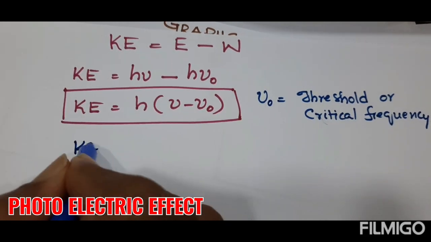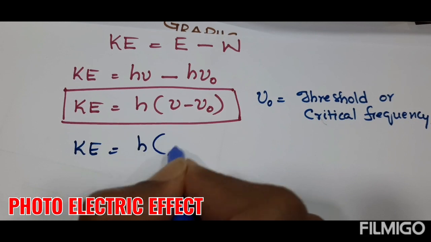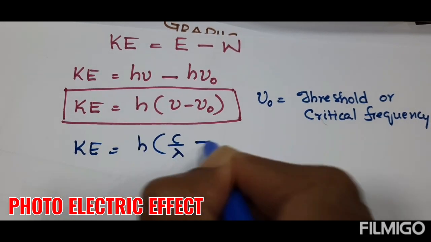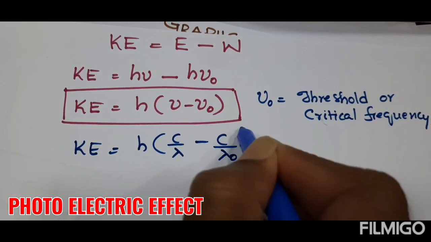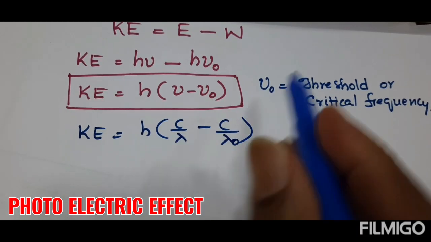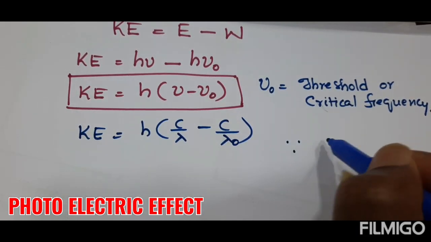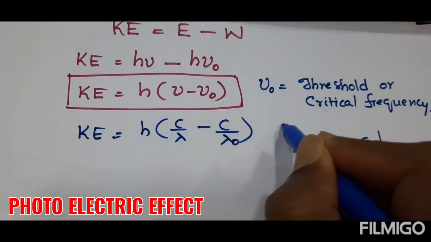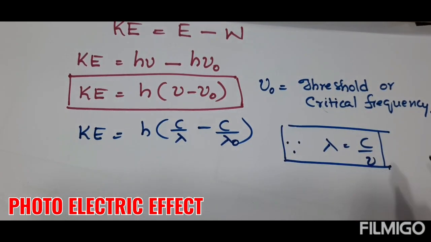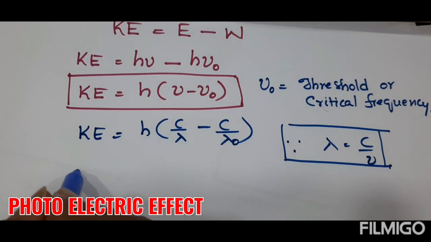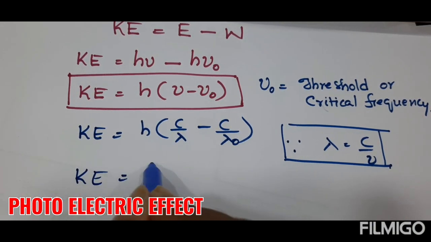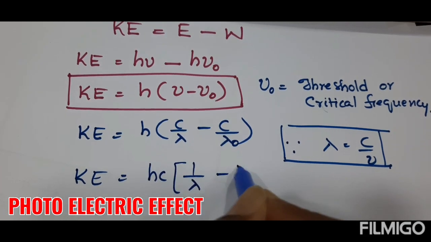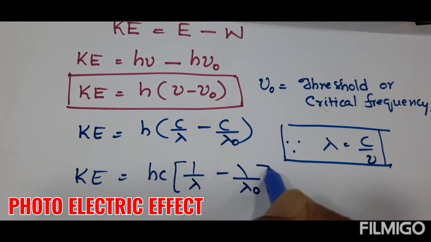Kinetic energy Ke is equal to h into c by lambda minus c by lambda naught, since lambda is equal to c by nu from the basic knowledge of light. Ke is equal to hc into 1 by lambda minus 1 by lambda naught.